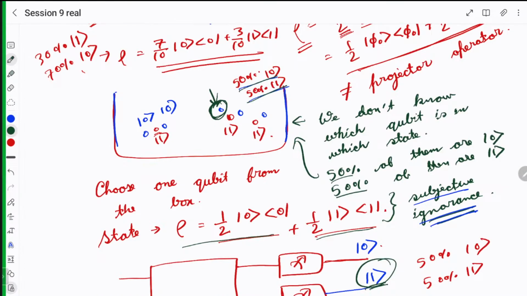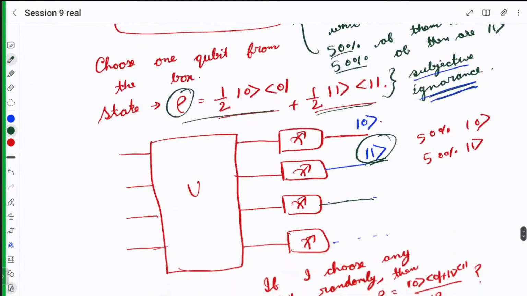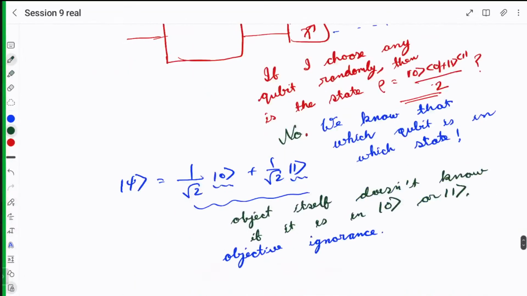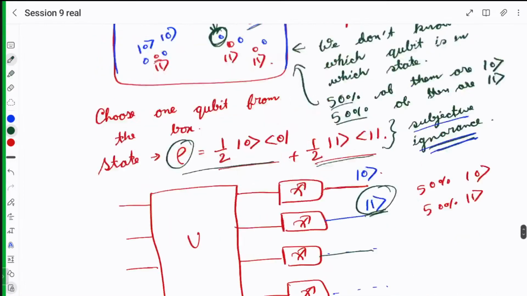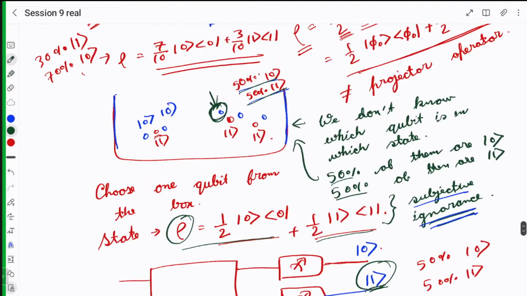The fact that I don't know is reflected in the state of the particle. So this is subjective ignorance. And as I said, objective ignorance is different. Here it is not my fault that I don't know whether it is 0 or 1. If it is in a superposition, then the object itself does not know whether it is in 0 or 1. So now is the concept of subjective and objective ignorance clear?